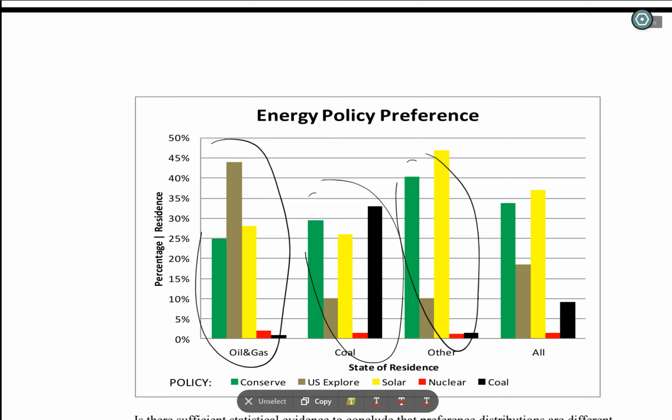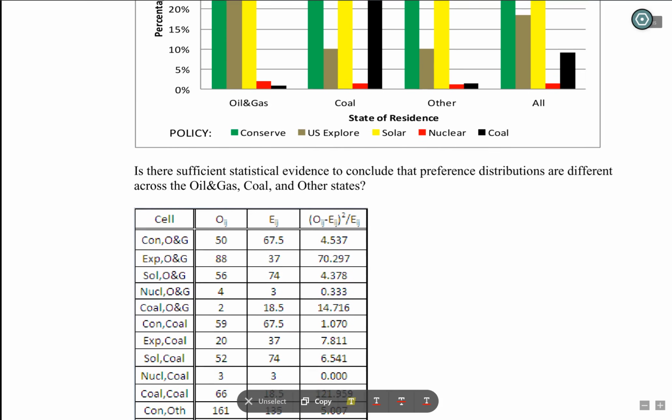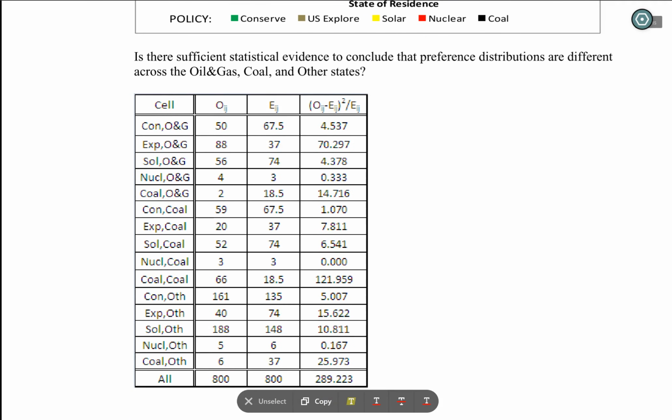Clearly they're different in the sample, but would they be different for the underlying populations that produced those samples? That's what we're testing here. Okay. All right, and that's a nice picture for us to look at. So we're asking the question, is there sufficient statistical evidence to conclude that preference distributions are different across oil and gas states, coal states, and other states?